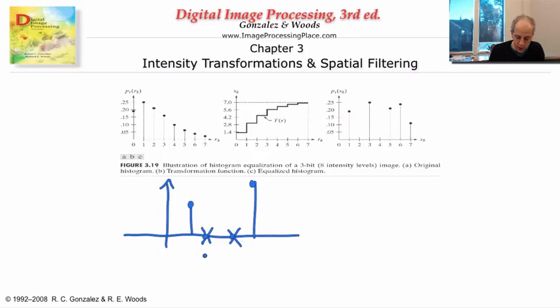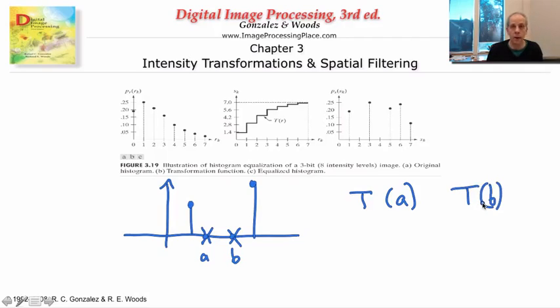Let's call this A and this B. I'm asking you the relationship between T(A) and T(B). Are they equal? Are they different? Is T(A) greater than T(B)? Is T(A) less than T(B)? So just think for a second and give me your answer, and I'm going to come back right away and give you the explanation for the correct answer.